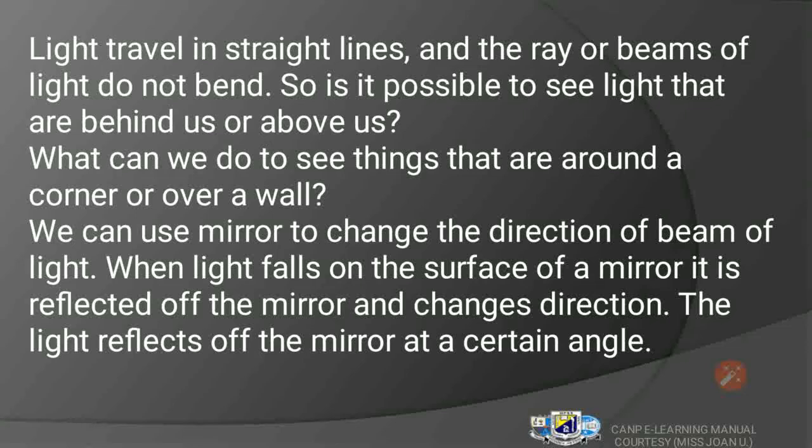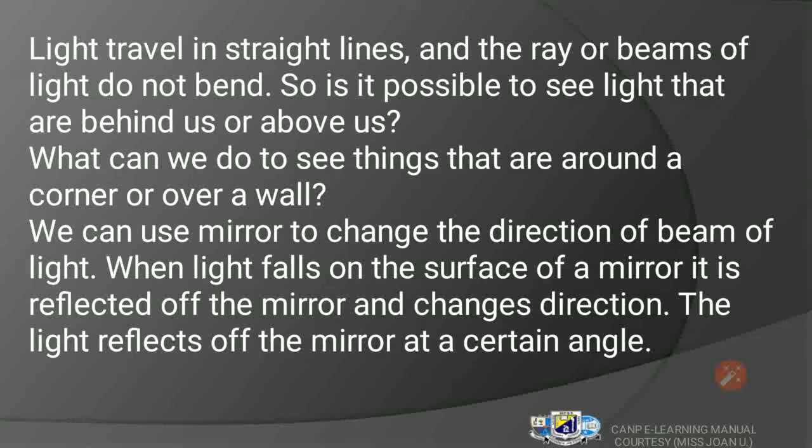The light reflects off the mirror at a certain angle. So we can do this with the help of a mirror. Why? Because a mirror does not absorb any light at all. It reflects all the light in a different direction, and so we are able to use a mirror.